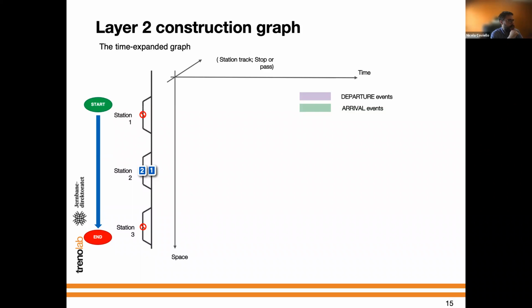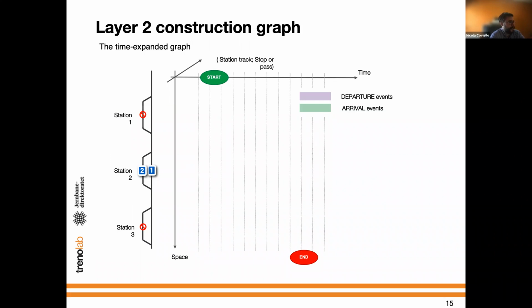We report these actions on the space-time graph. We have 2 virtual start and end events. And then, in order to be able to build a graph composed of nodes, so of discrete items, we have to discretize our continuous variable, that is time.